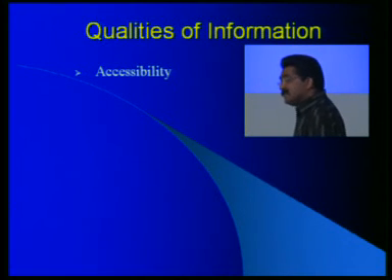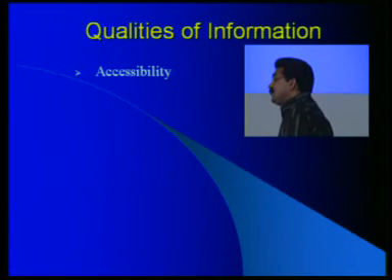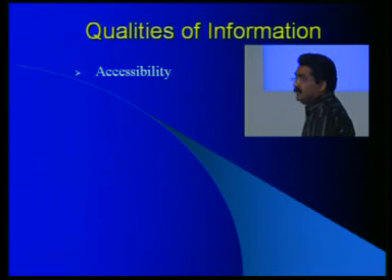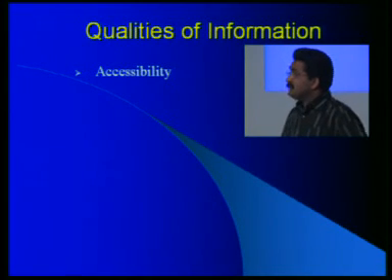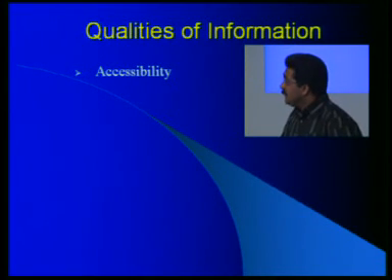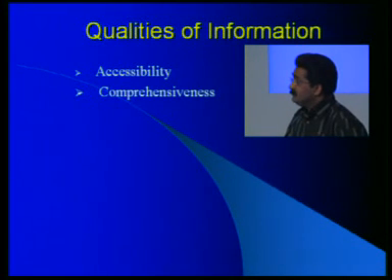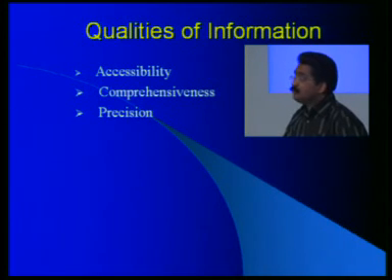Then, what are the basic qualities one needs to get good information? The first is accessibility. Good information must be accessible to each and every person in a particular domain. It should be comprehensive and detailed, easily understood by the users in that context, and precise.